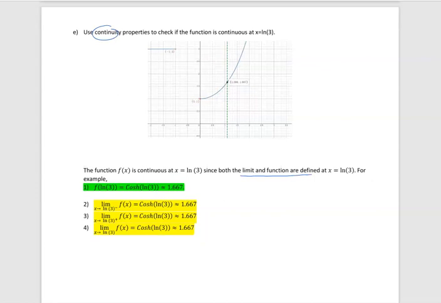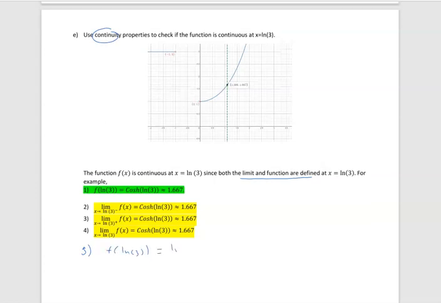The only thing we have to add here is number 5, which says that f of ln of 3 is equal to the limit as x approaches ln of 3 of f of x. So for the function to be continuous, we're checking, one, that the function is defined.